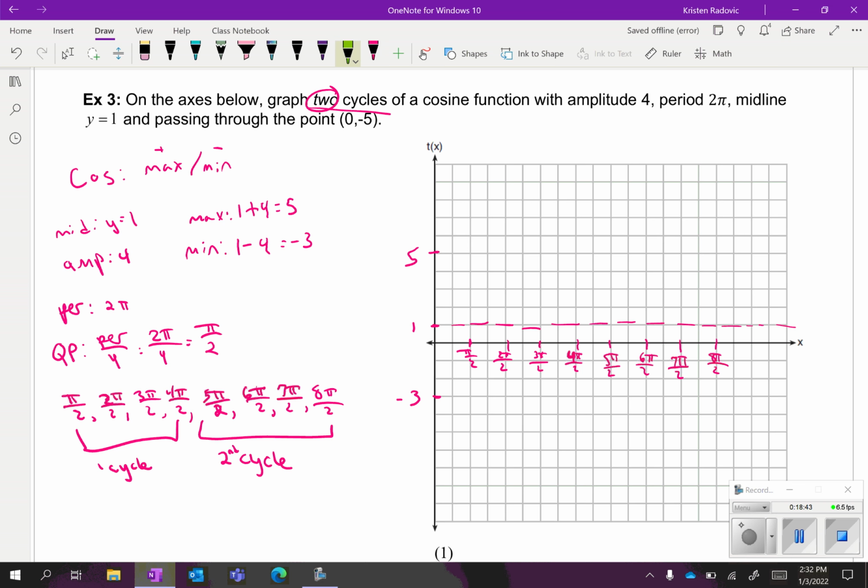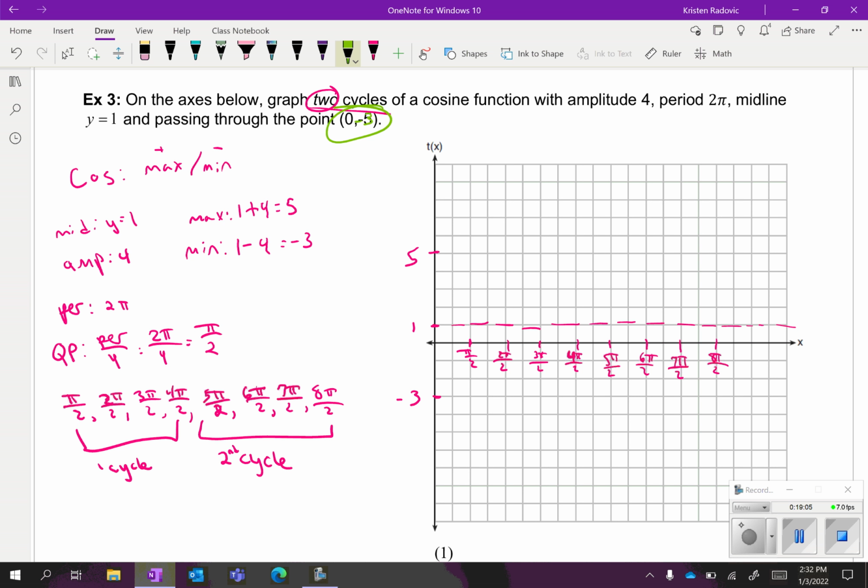Now, the question is telling you that you're passing through the point 0, -5, so you should put that on the graph, except 0, -5 doesn't make sense. So that must be a bad question. I would imagine that the problem meant to say -3.